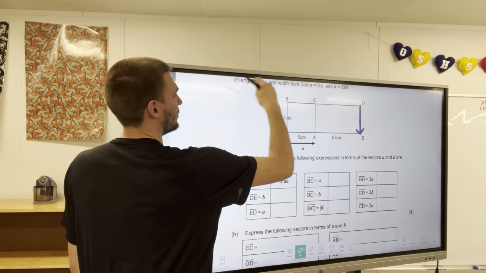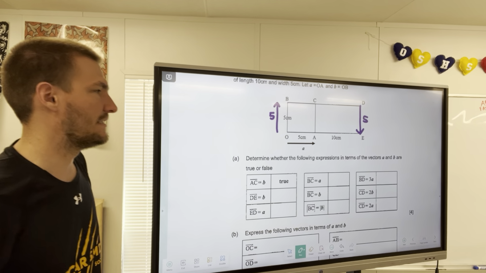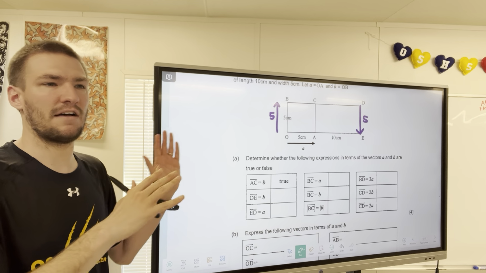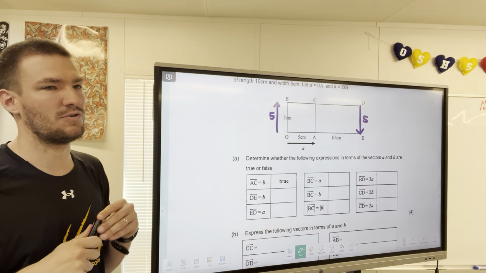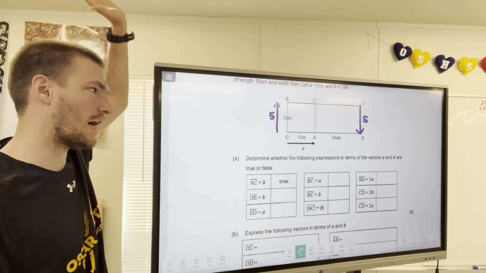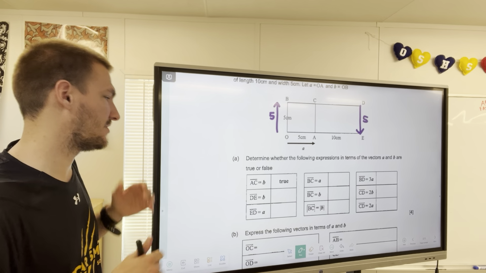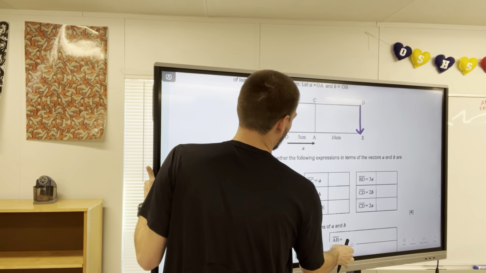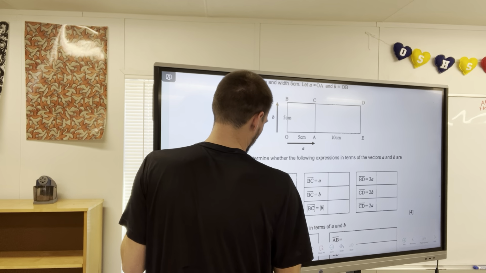They tell us at the start that this rectangle also has a side of 5. So magnitude-wise, it is 5 and 5, that's great. But directionally, it is not so good. 5 is going up in that direction, and 5 is going down in that direction. So this would be false.